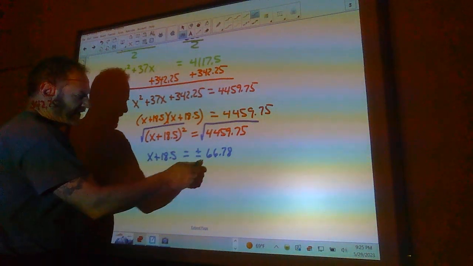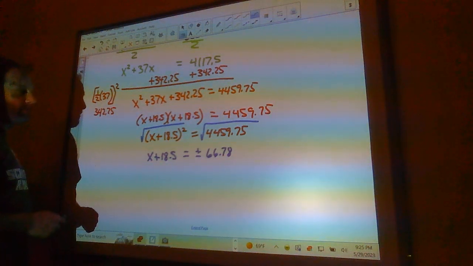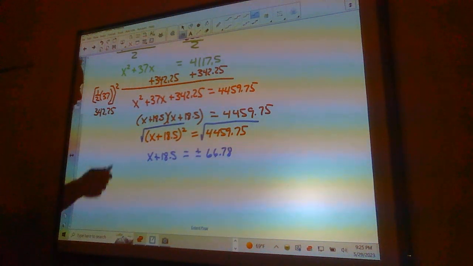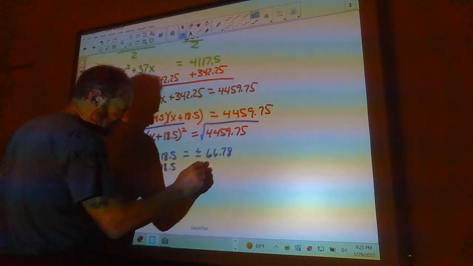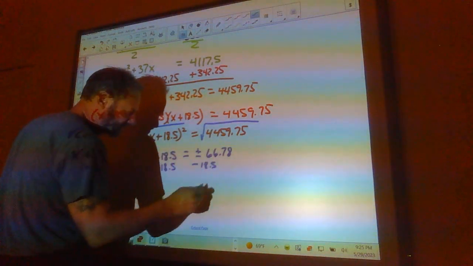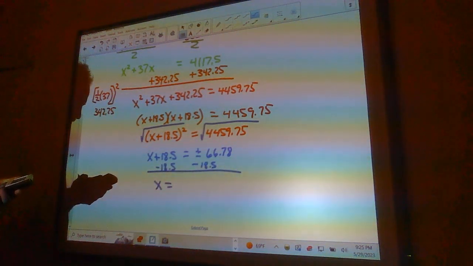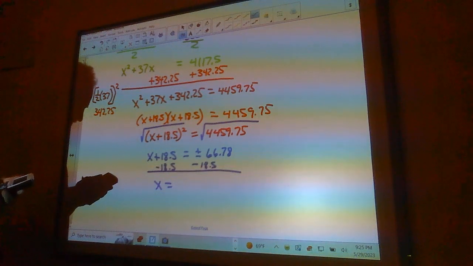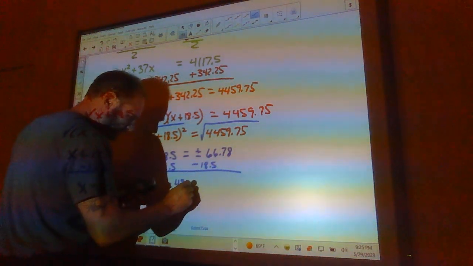Obviously I don't want the negative number because it'd give me a negative number for one of the sides, and that's not going to work. So I'm going to subtract 18.5 just from the plus. So 66.78 minus 18.5 tells me that one side is going to be 48.28.